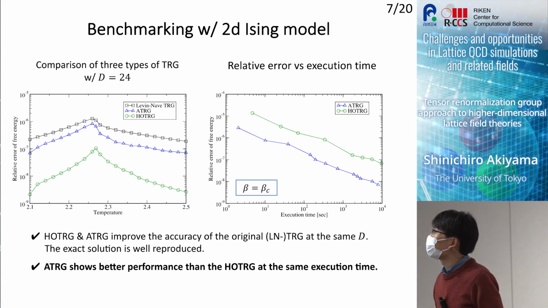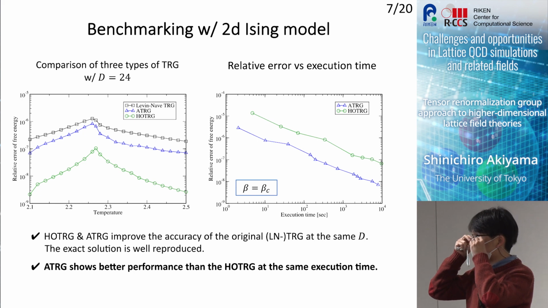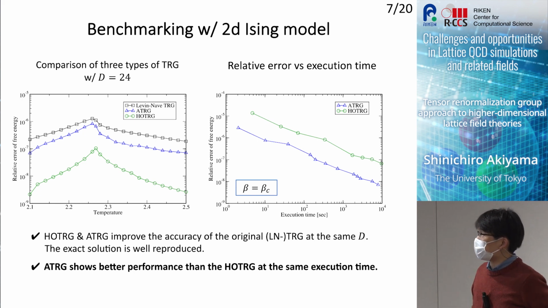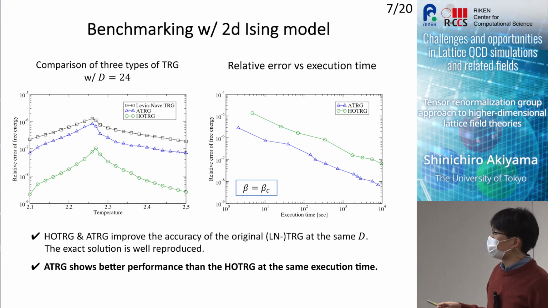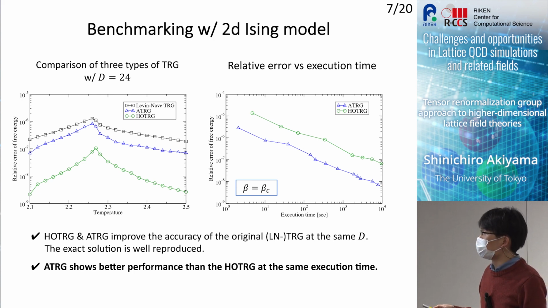Here I'm showing the benchmark results with the two-dimensional classical Ising model defined on the square lattice. You know that we can exactly solve this model, so we can check the efficiency of the TRG algorithms. The left-hand side shows the relative error of the free energy as a function of the temperature.